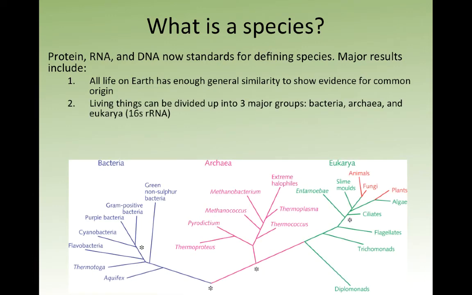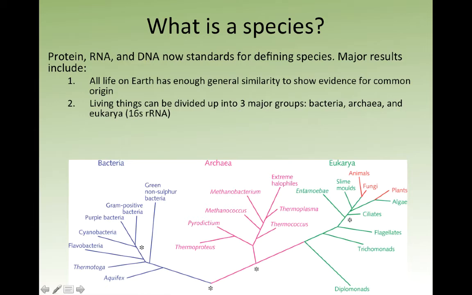Now that's just one example of how we might apply molecular data to trees. There have been a lot of other things that molecular data has shown us. One of the major findings, and this comes from the work of Carl Woese, is that if we look at all living things, they can generally be divided up into three major groups. Here we have the bacteria, the archaea, and the eukarya.